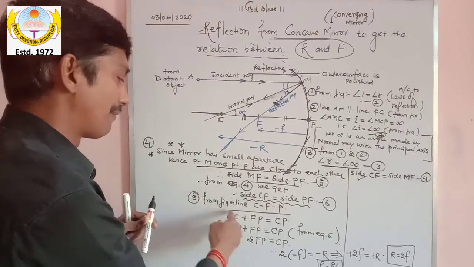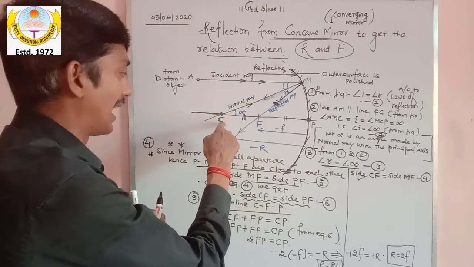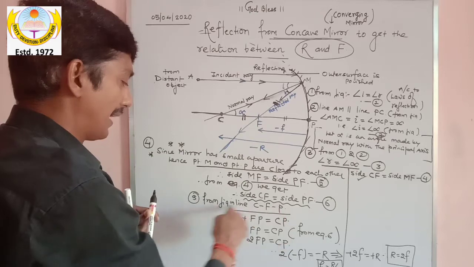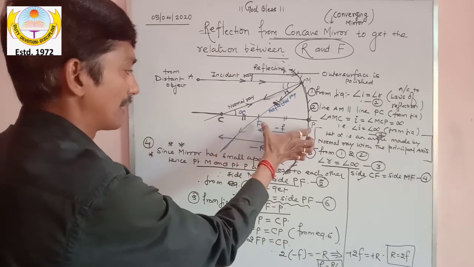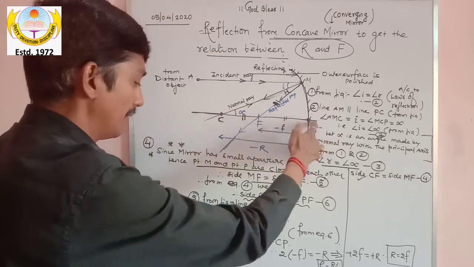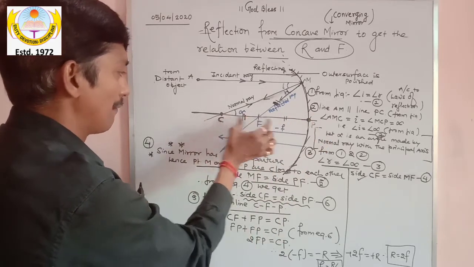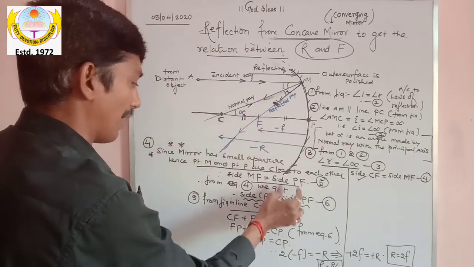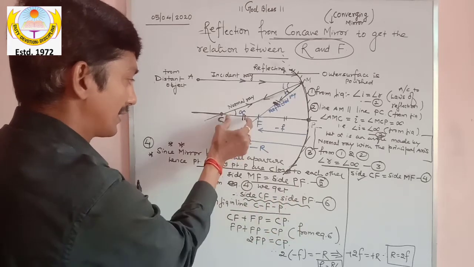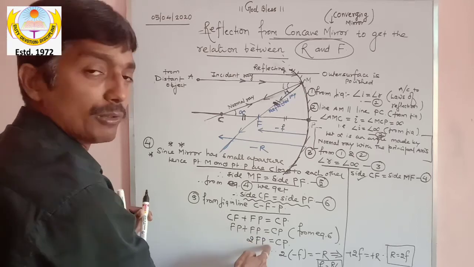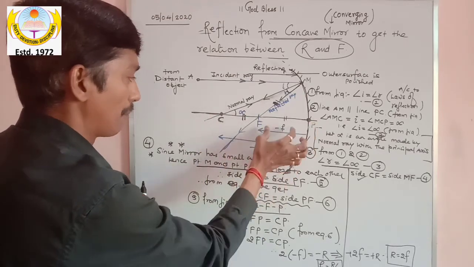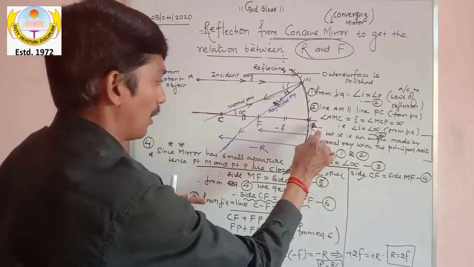Right? And then I have taken the last point as that, take a line CFP, in which CF plus FP is equal to CP, right? That is CF plus FP, but CF is equal to FP, right? The CF is also equal to FP, so this becomes FP plus FP, that is 2FP is equal to CP, and FP is how much?